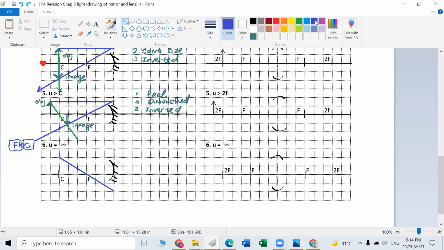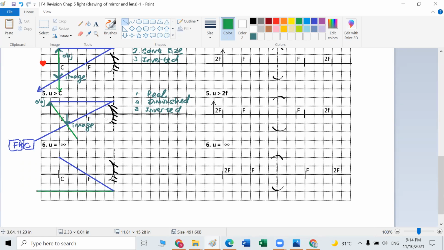F, then K. F straight to the normal. Then K. K means parallel to the principal axis.